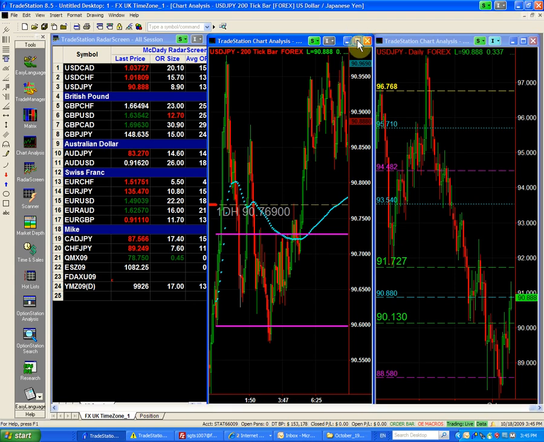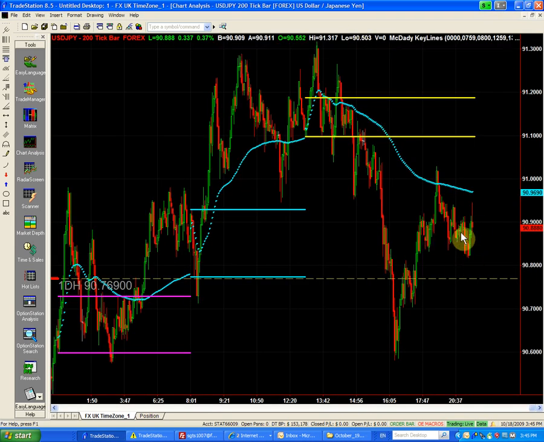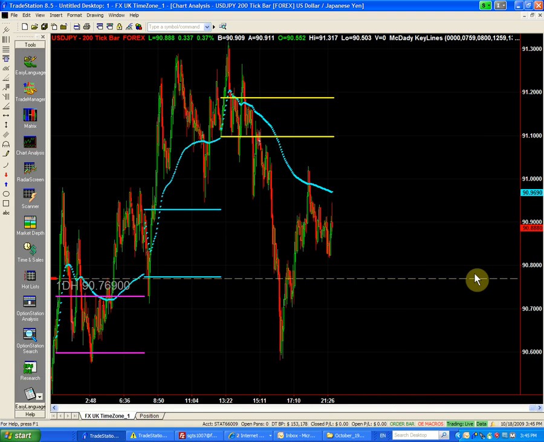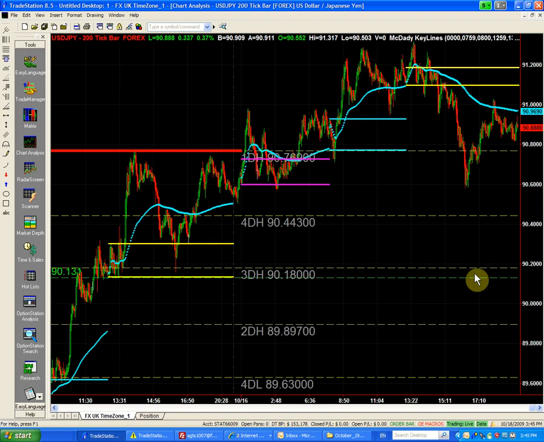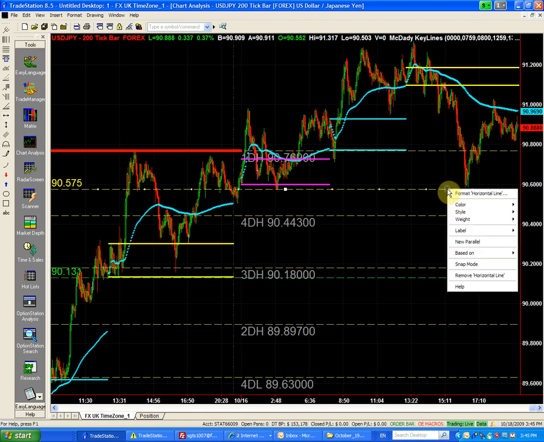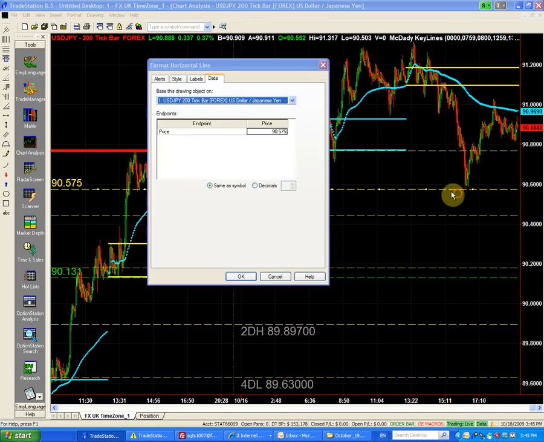So in this case, as long as the dollar yen is above 90.76, we are going to maintain our positive bias. I really would not be looking to short the dollar yen unless, in this case, it breaks below what would be a short-term structure, which is the 90.57.